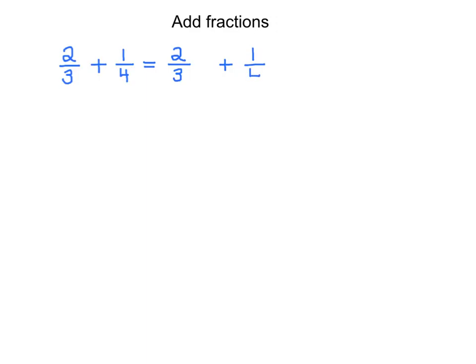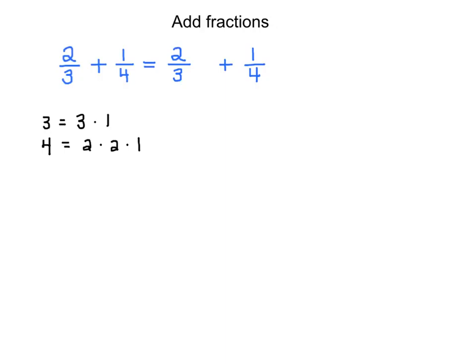And if I look at how they factor, 3 is actually just equal to 3 times 1, and 4 is equal to 2 times 2 times 1. This is the prime factorization. So they have nothing in common.